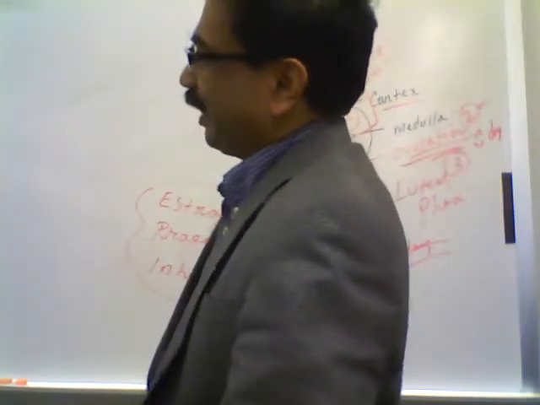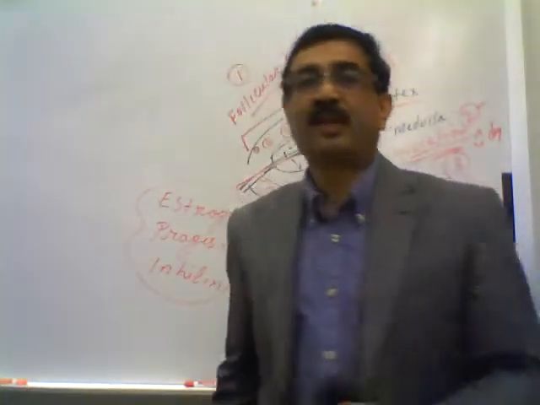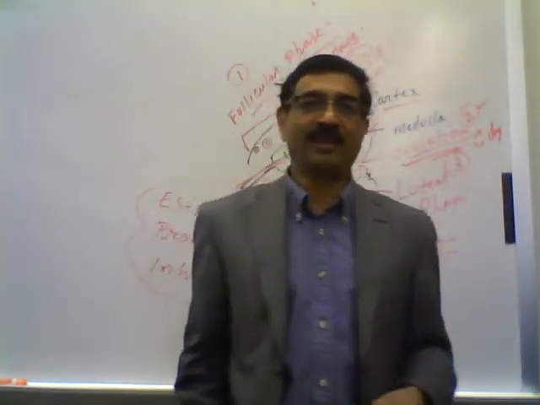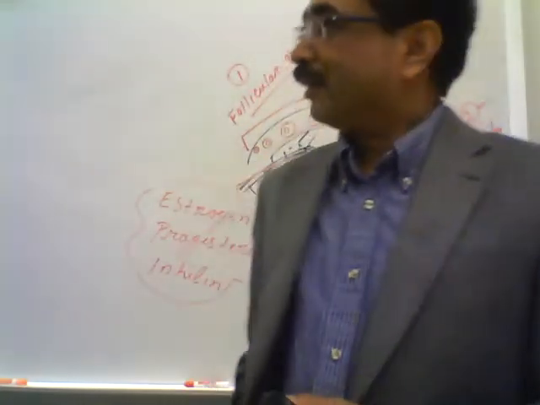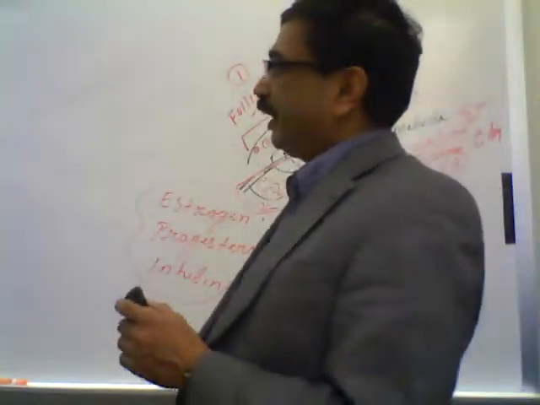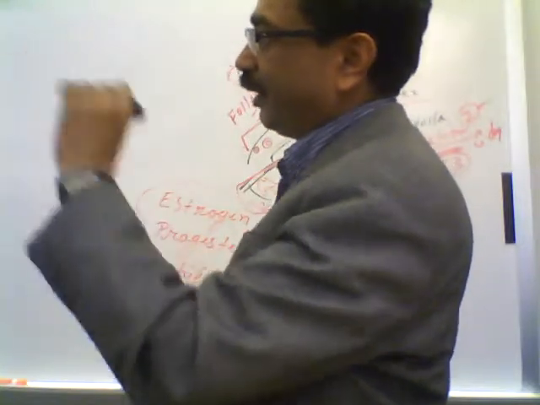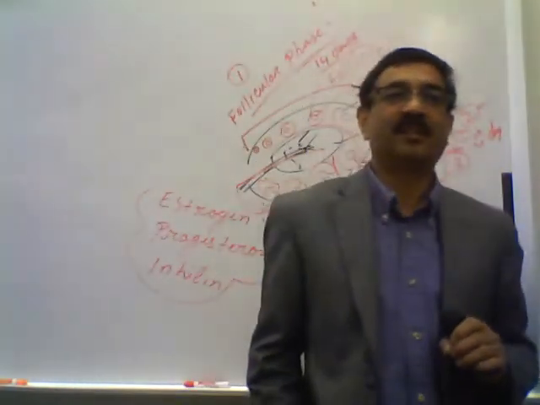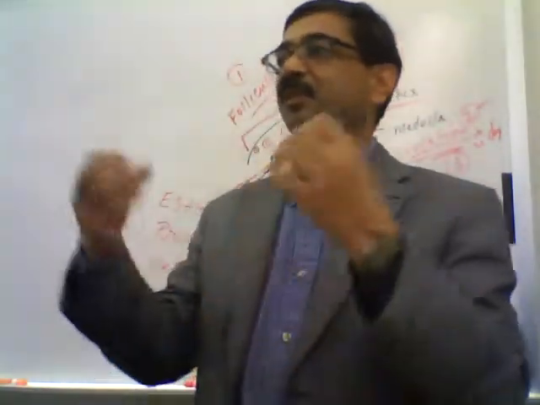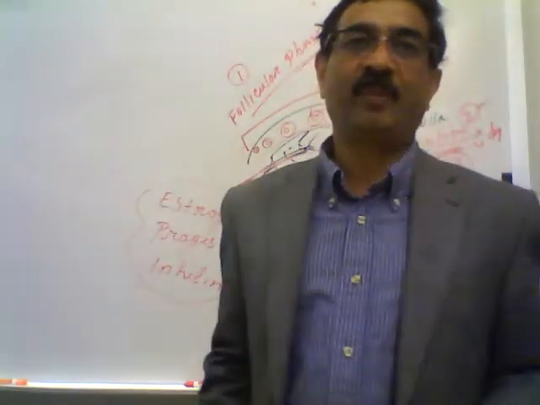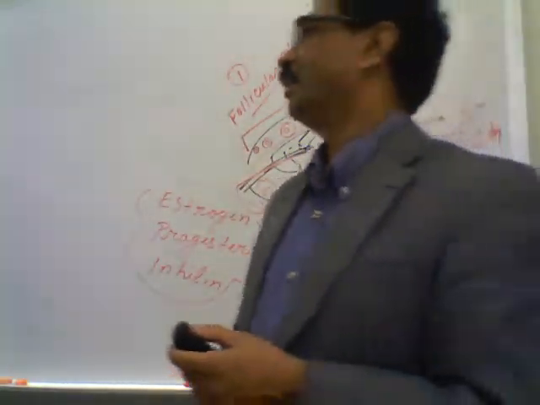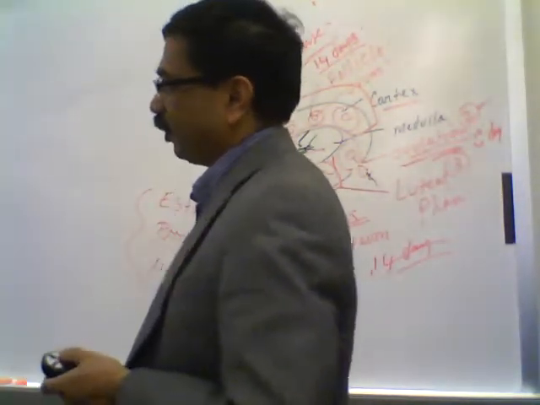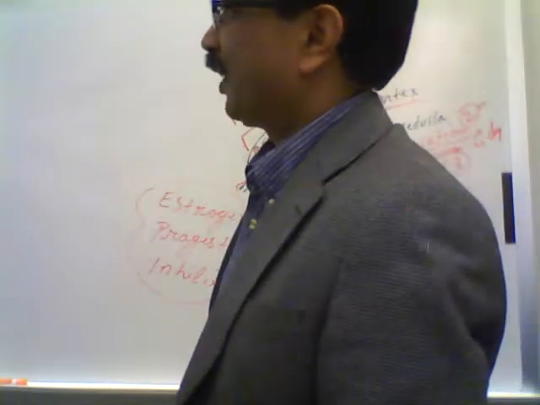Now, the cavity inside the uterus is called the uterine cavity. Make sense? And you know that the fertilized egg gets stuck to the endometrium, that is called implantation, and after implantation the fertilized egg grows and becomes the embryo and then fetus, and then the fetus gets out through the cervical canal.